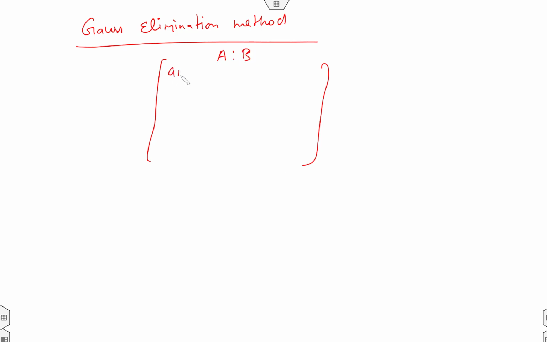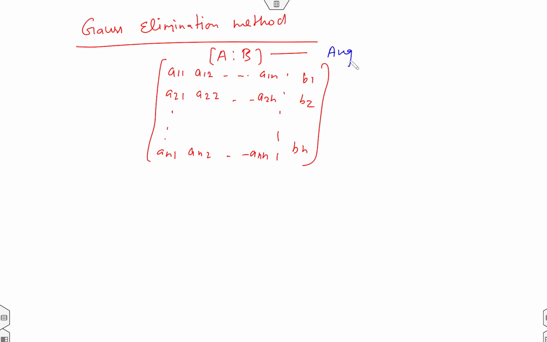So we write a11, a12, a1n, and then b1, a21, a22, a2n, then b2, and so on, an1, an2, ann, bn. So this is called the augmented matrix. Whenever we write A and b together, it is called the augmented matrix.